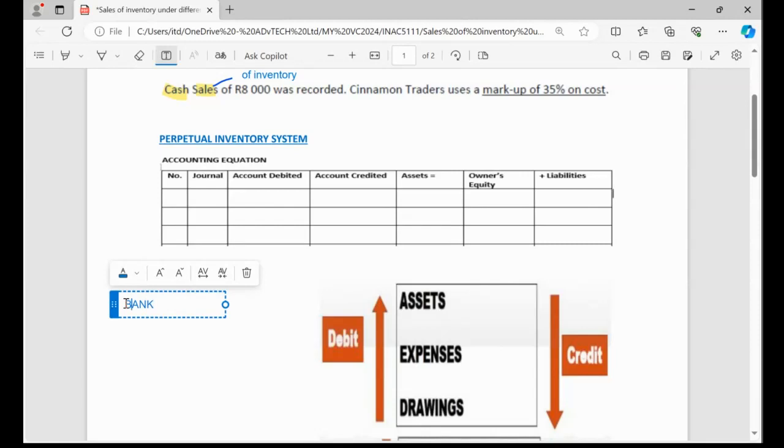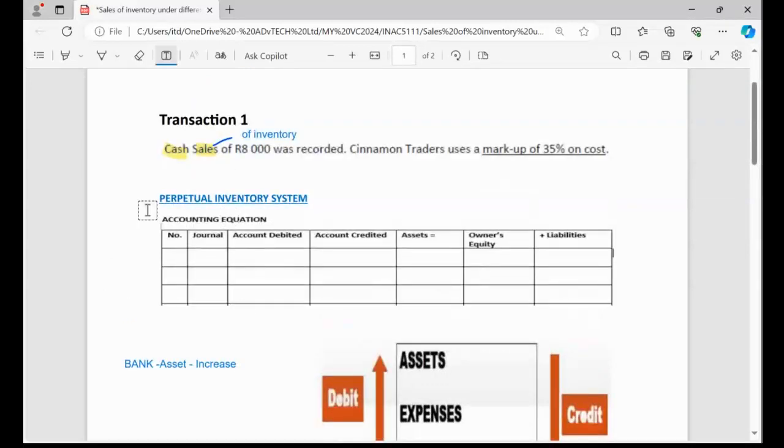Immediately you must know that bank will always be classified as an asset. And obviously when you sell for cash, you will increase those assets. This is very important. The second thing is sales.